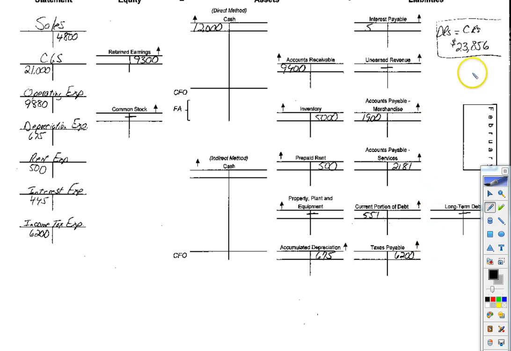And one other comment I want to make, at this point in time, you should add all the credit changes, such as this 9,300, plus the 5,500, 675, 2,181, and 6,200. You should have gotten 23,856.